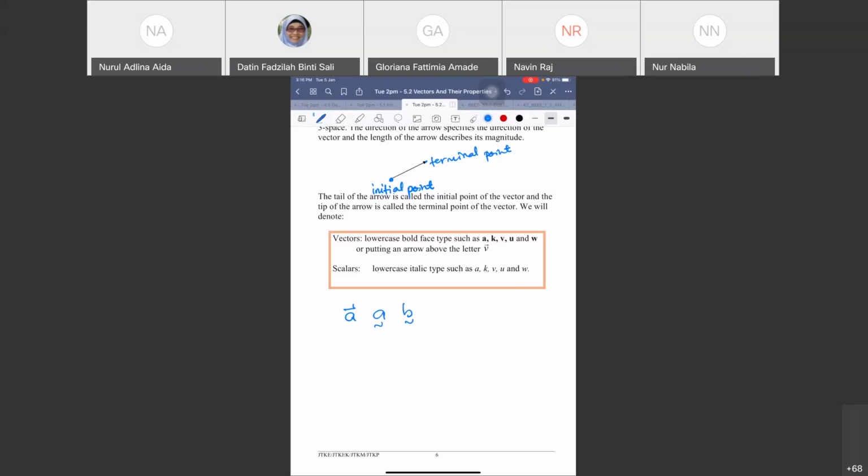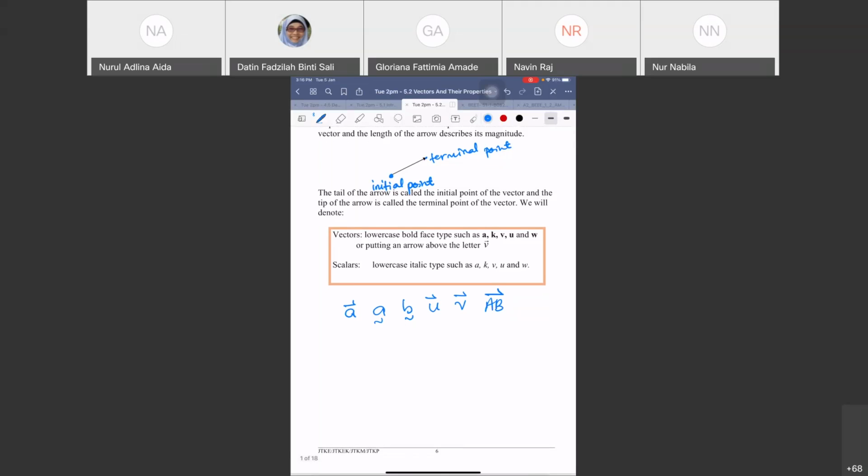This is also a vector representation in writing, to differentiate between scalar and vector. But most of the time we will just use an arrow. So this is all about vectors.